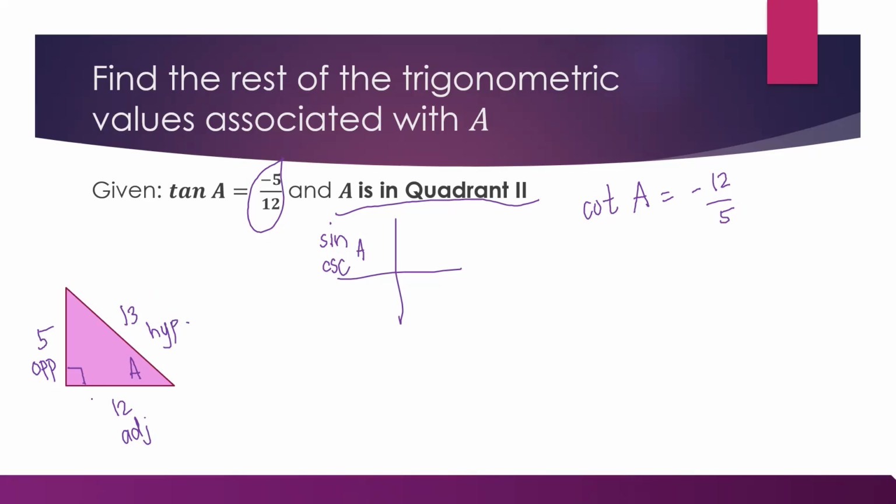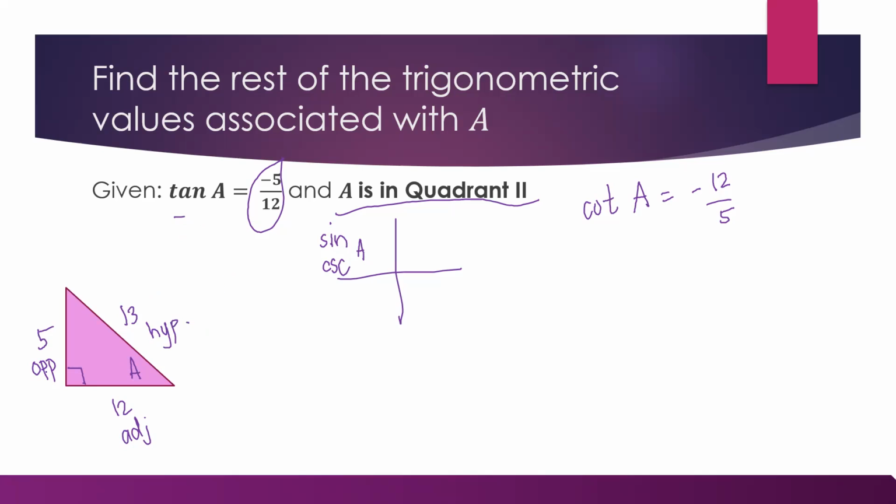So, using this, it is easier to refer to the triangle than to use other identities. Actually, we can use the Pythagorean identity related to tangent and secant, where tangent squared plus 1 is equal to secant squared. That is also possible, but this is easier.